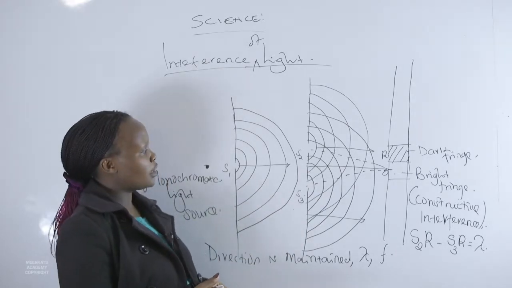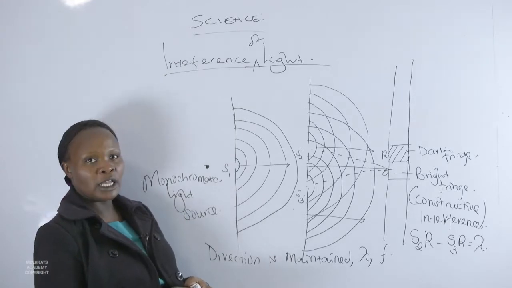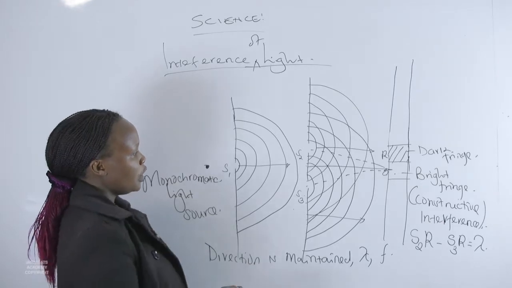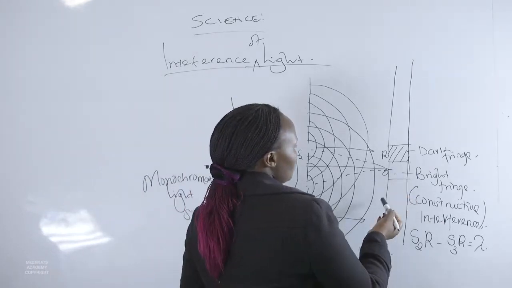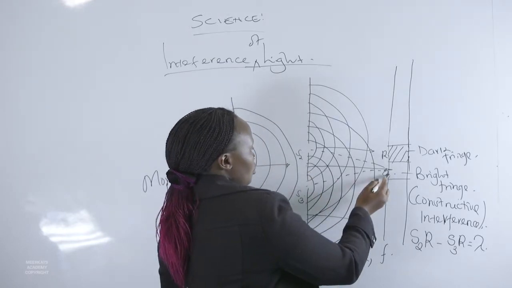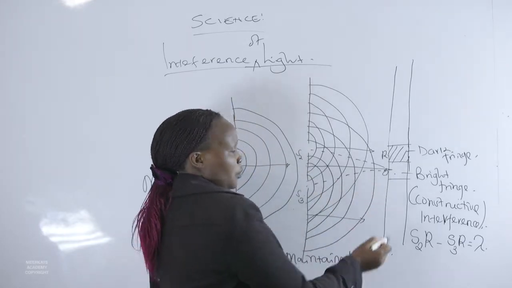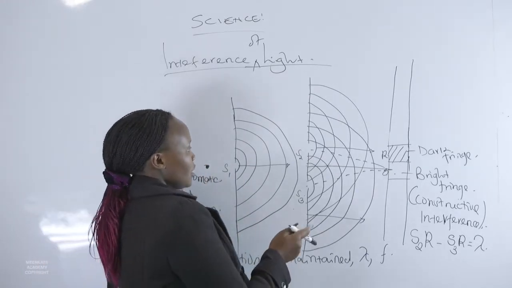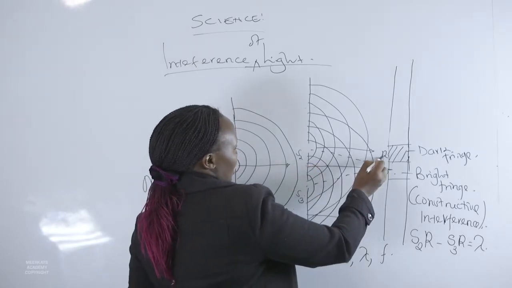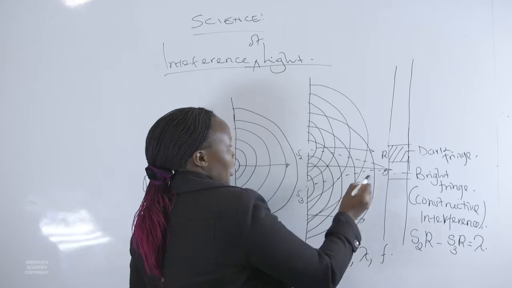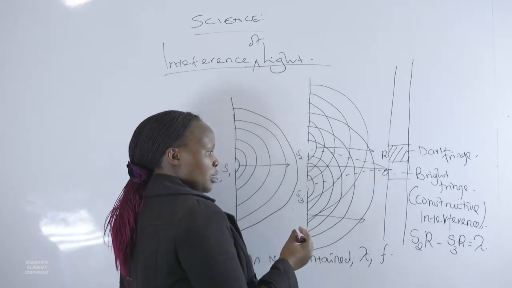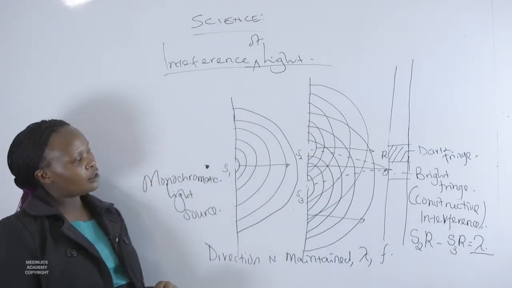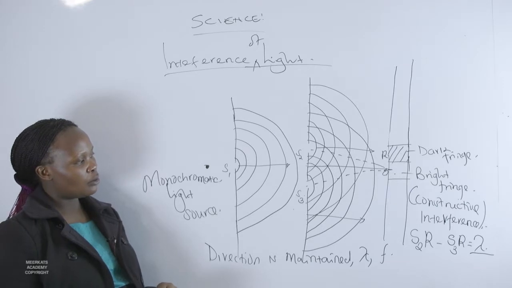They are narrow and parallel. That's why we claim that the two are actually coherent. Now, the first bright fringe was formed where S2O was equal to S3O. Now, the second one, we are claiming that the point S2R minus S3R is going to give lambda. Lambda is actually one wavelength.